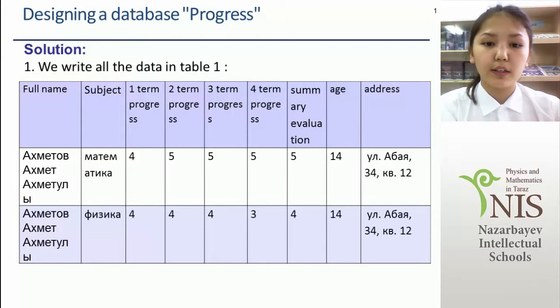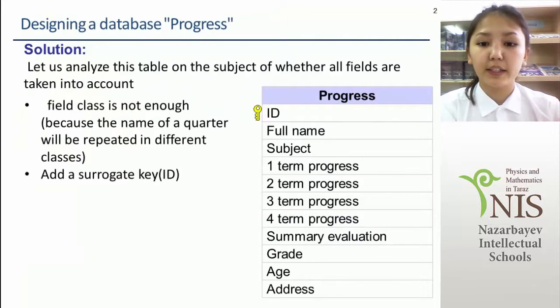In order to overcome this problem, we must analyze the tables. We have a table which has the fields ID, full name, subject, summary evaluation, grade, age and address. And here the field class is not enough, because the name of a quarter will be repeated in different classes. And we must add a surrogate key.